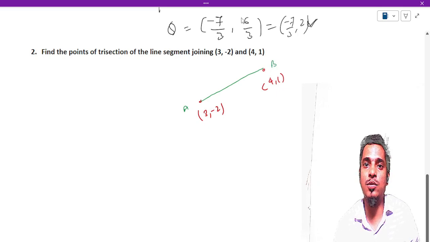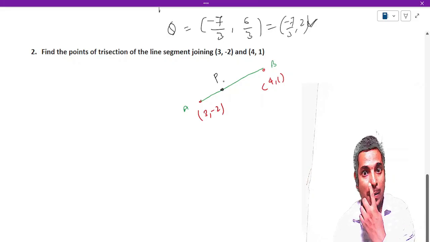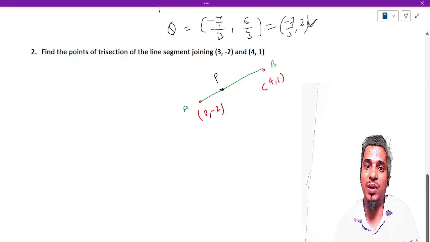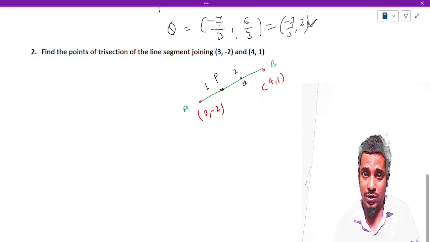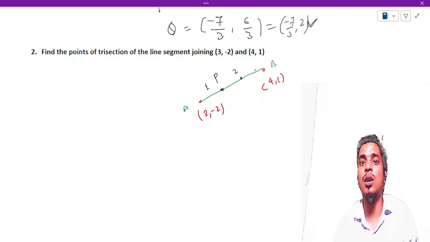So let's say the first point is P. If P is over here, this is one part and this is two parts, and Q is over here, right? So for finding P, I'm just ignoring point Q. So the region from A to P is one part and P to B is two parts, meaning 1:2.